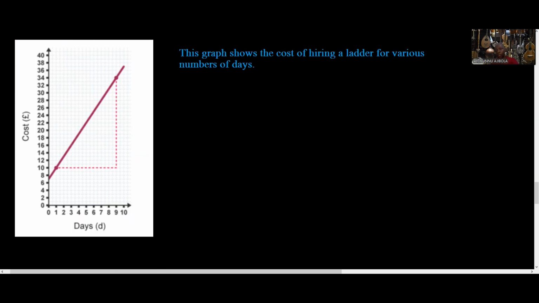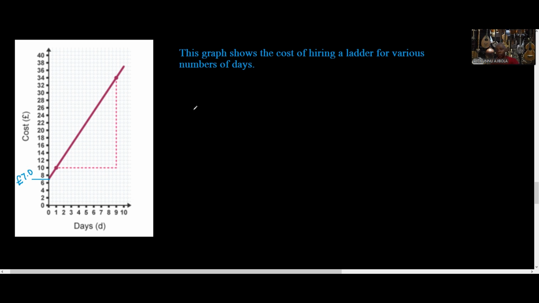It cut the axis at 0.7, exactly at the seventh mark. So it cut the axis here. At this point, we have 7, that is £7.